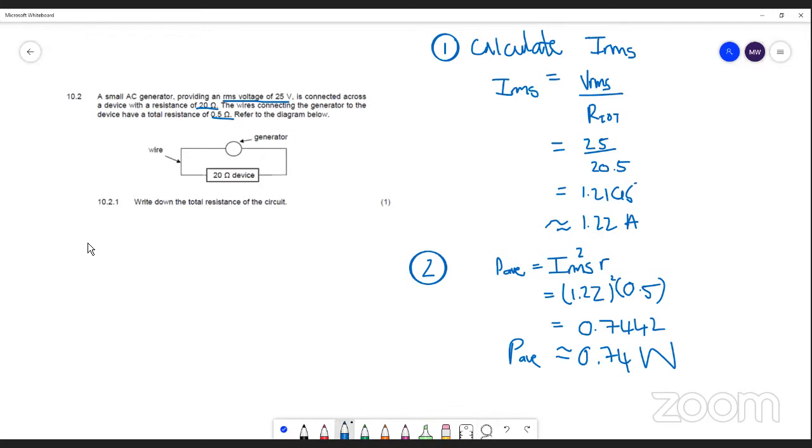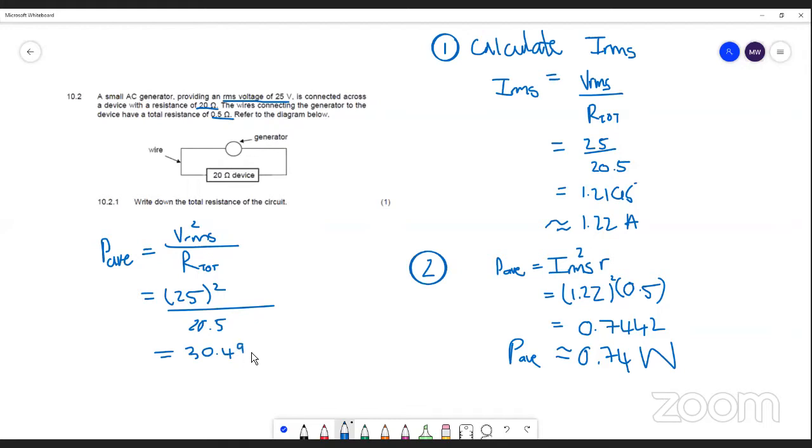Then I'm going to work out my power for my whole system. So it's just going to be my VRMS squared over my R total, which is equal to 25 squared divided by my total R, which was 20.5. That gives me a value of 30.49 watts.